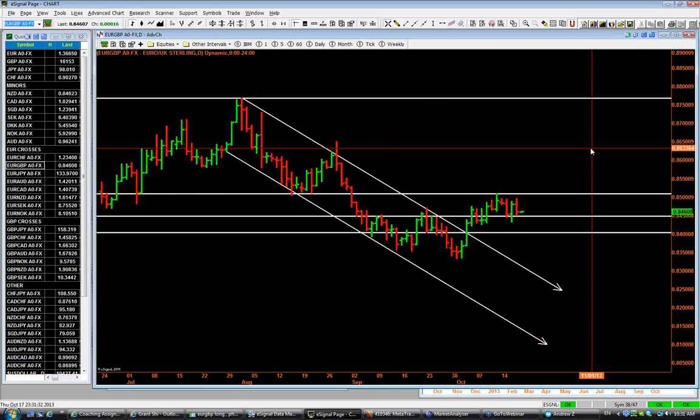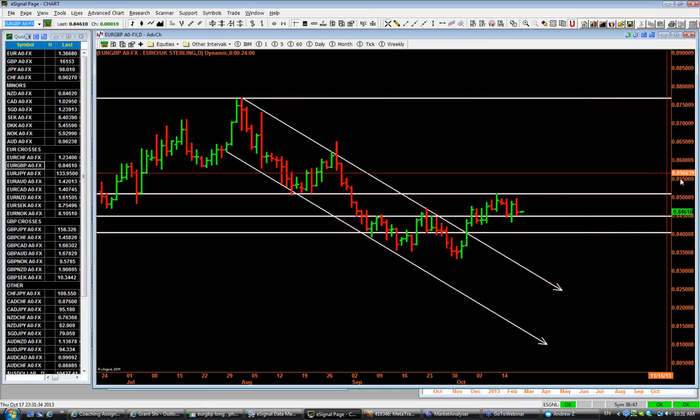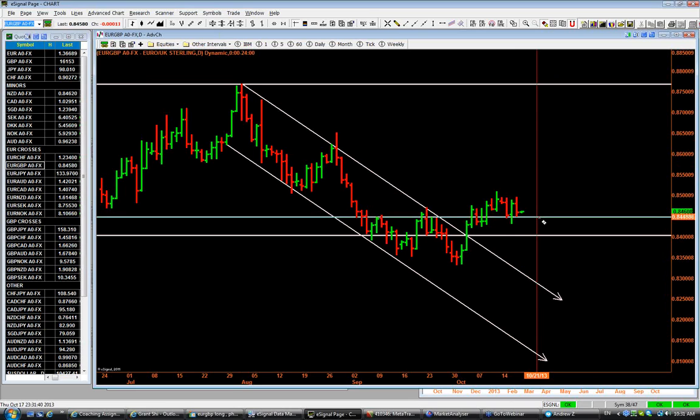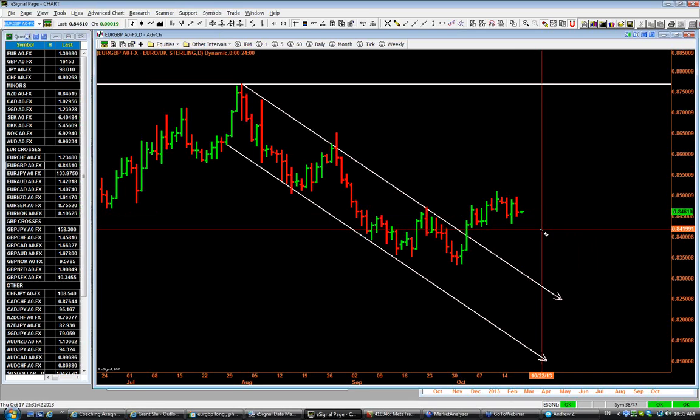Colin asked me about the Fibonacci. Fibonacci is very useful, but by my understanding, in a range it's very easy to draw the Fibonacci.